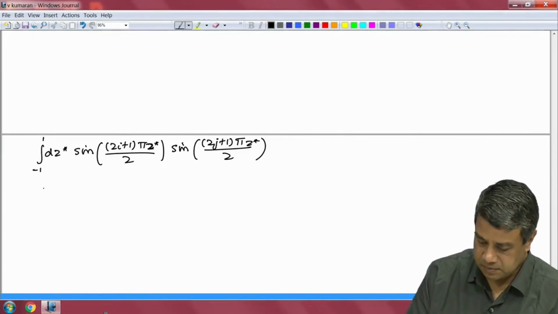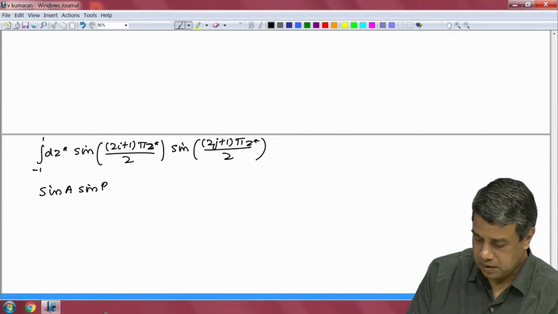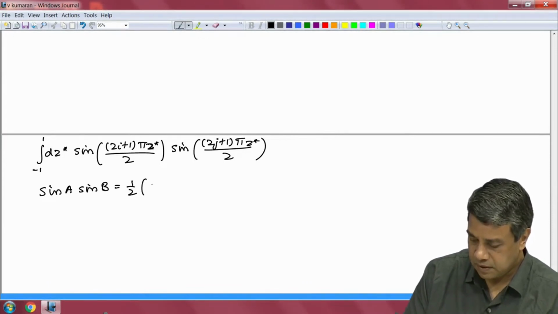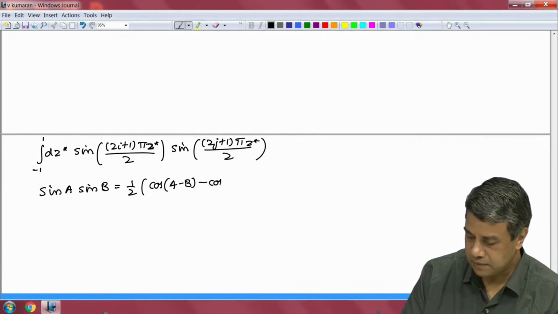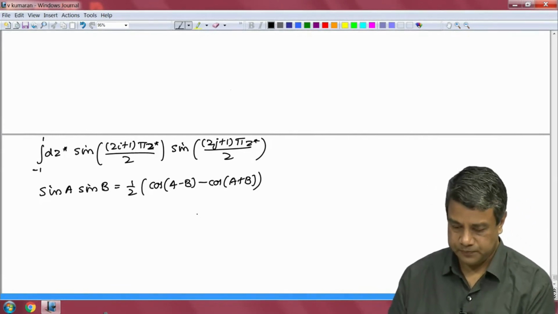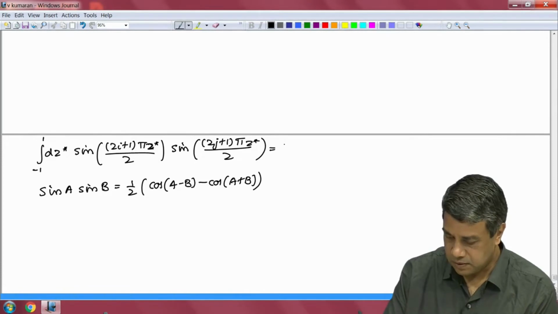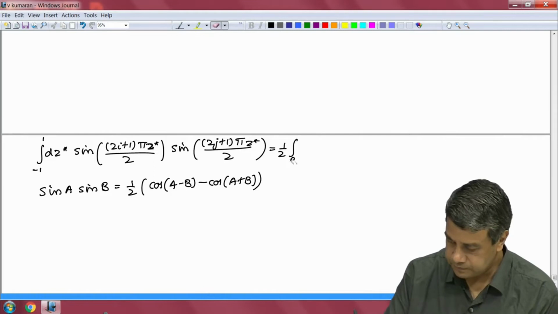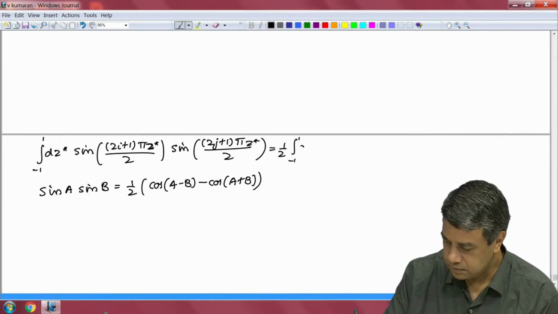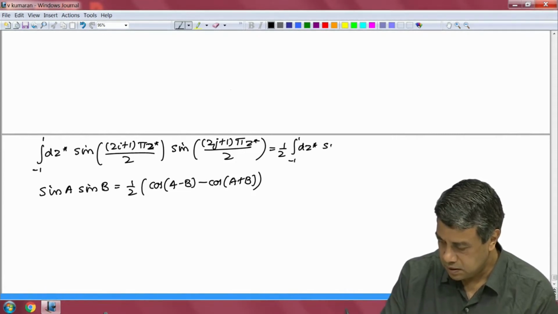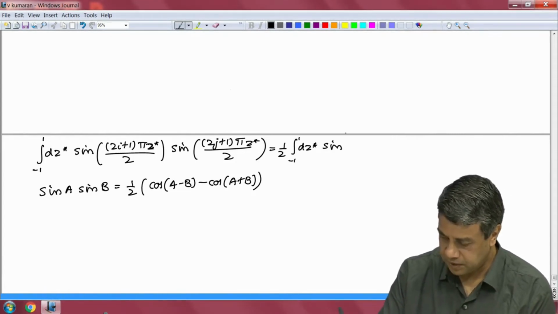Simplify this using the same identity, sine A sine B is equal to half of cos of A minus B minus cos of A plus B. That is the same identity. So, this is equal to half integral from minus 1 to 1 dz, of cos.